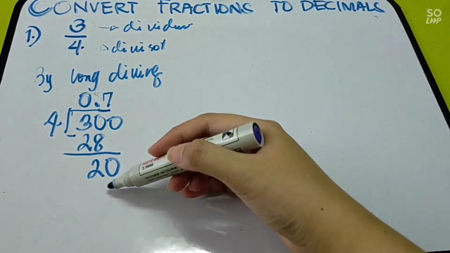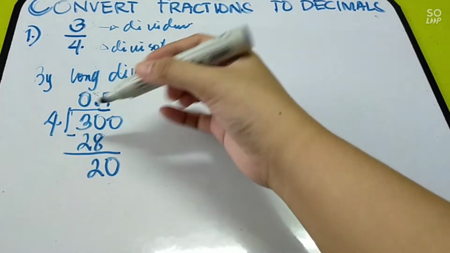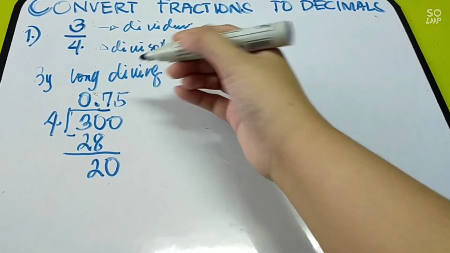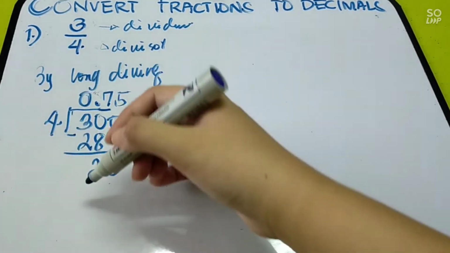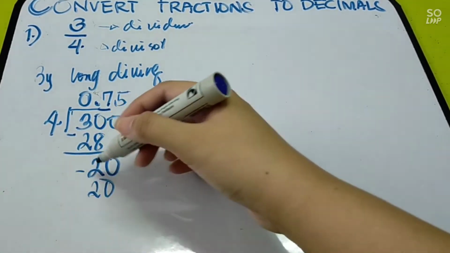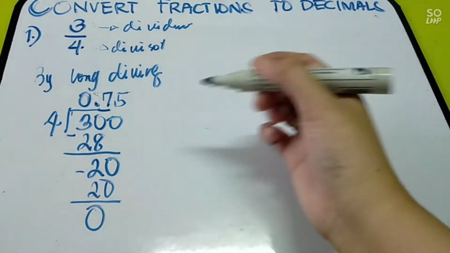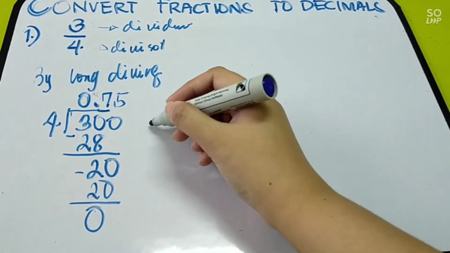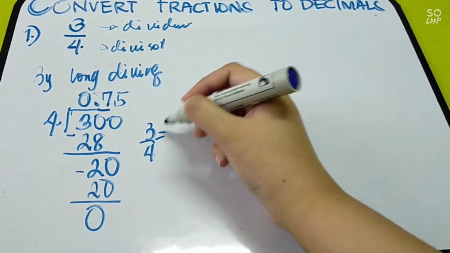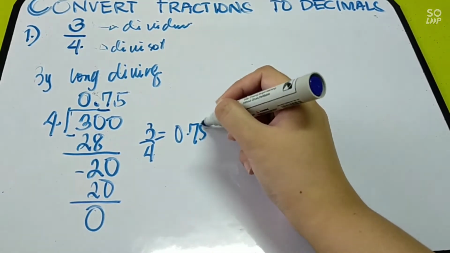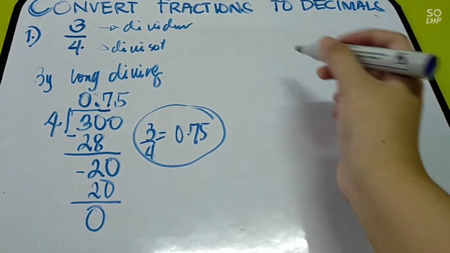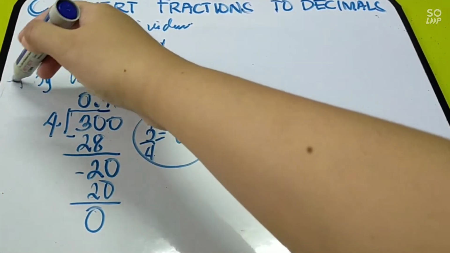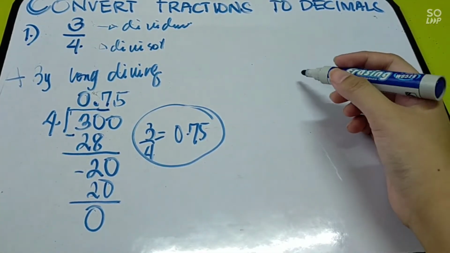Then, you are going to divide ulit. 20 divided by 4, the answer is 5. Then, 5 times 4, we have here 20. If you subtract 20 minus 20, the answer is 0. That is it. So, therefore, si 3/4 is equal to 0.75. That is the first way. Okay? Yan yung first method by using long division.